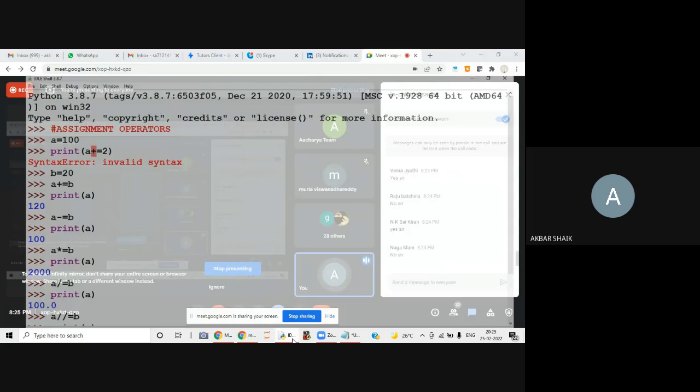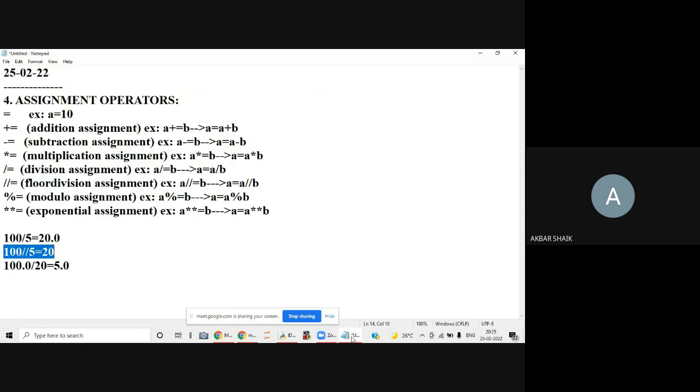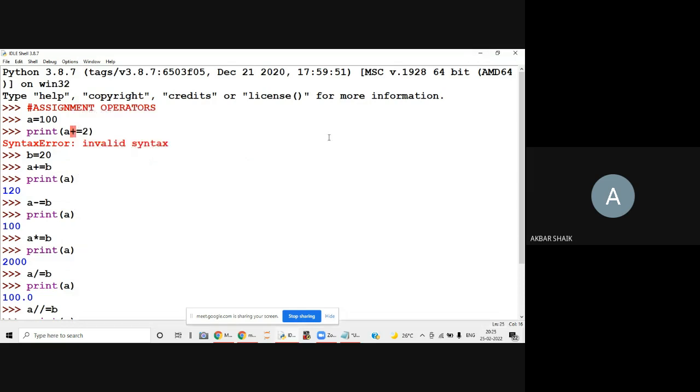All of you, please observe how I am going with the program. First, I am explaining the concept, with some theory and some examples. Next, I am explaining some examples in the IDLE shell.